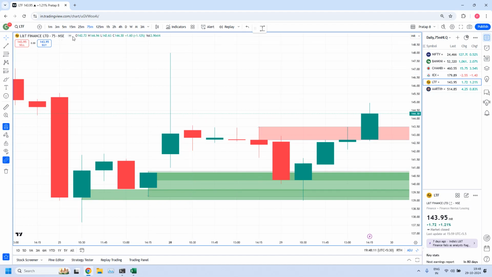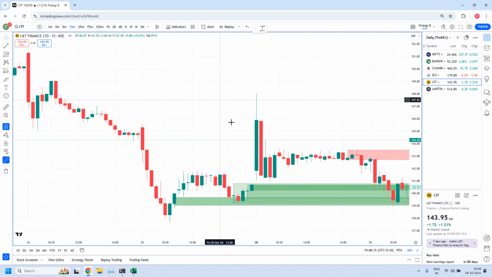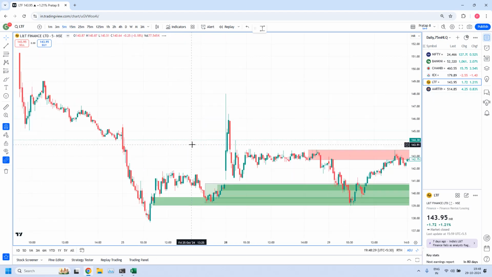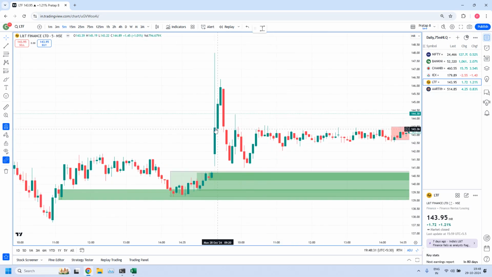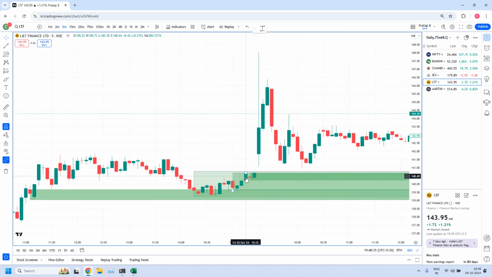So we need to fine tune with the 15 minutes time frame. Here we have a 15 minute zone. See here you have a rally, you have two base candles and then again a rally candle. Within this 15 minute zone, again we need to fine tune with the 5 minutes time frame. So here you have a rally as a leg-in.